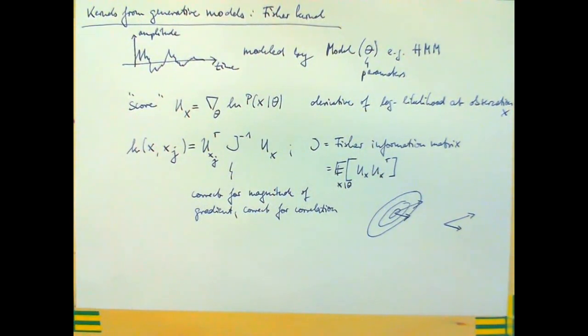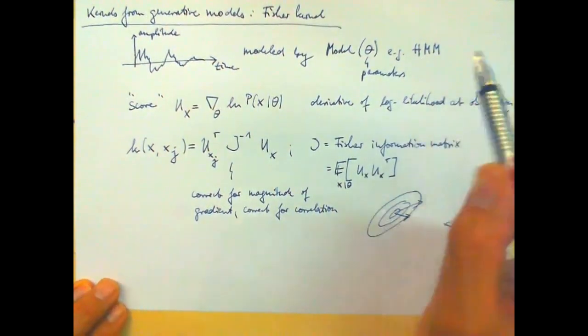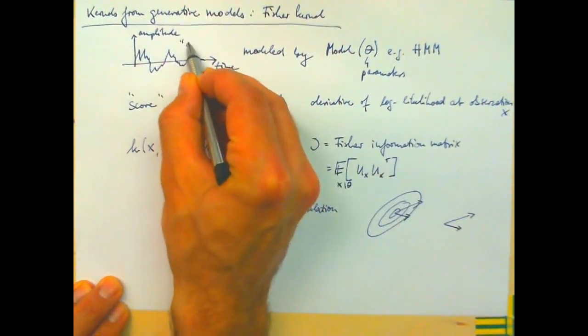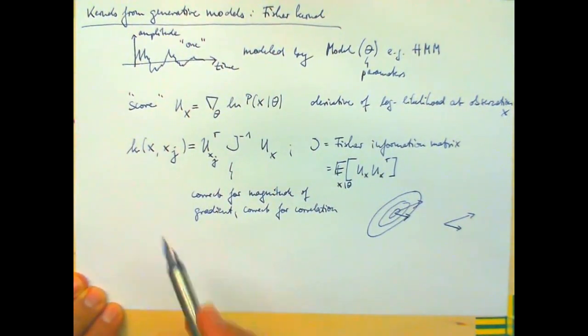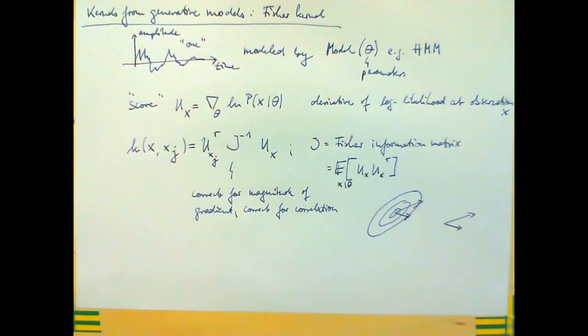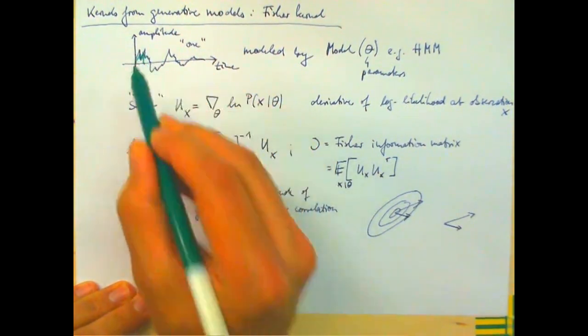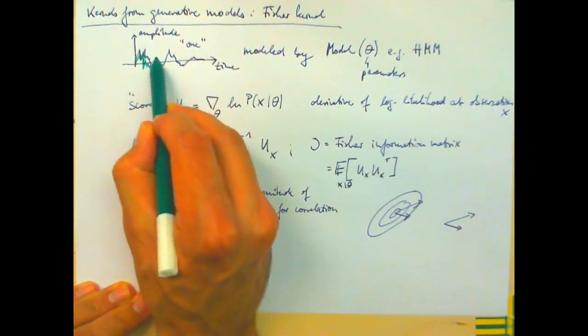So let's say, for example, that we want to train a hidden Markov model for people saying the number 1. And now I have different training instances. I have the training instance that I've drawn here, and I have a second training instance, let's say somebody who said it faster.